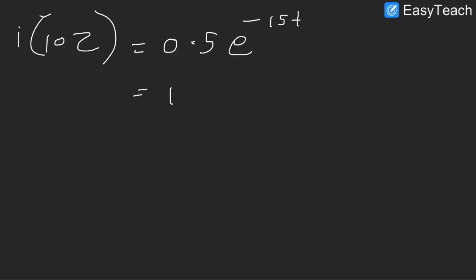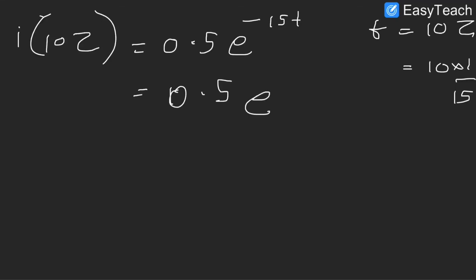Now what is t here? This is why I skipped that part: our t is 10 tau, so that is 10 into 1 over 15. So it's going to be e to the power of minus 15 into 10 over 15.